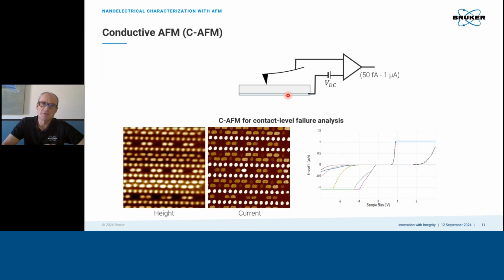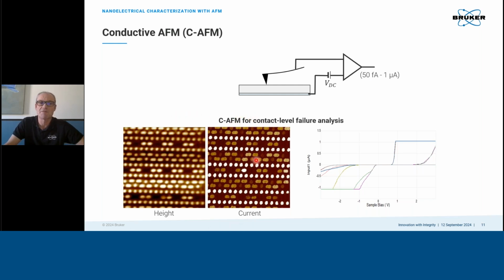And while doing that, we apply a DC voltage and measure the resulting current. Currents can often be very low, or can sometimes vary over a large range. Depending on what we expect in terms of current, we'll be using a specific current amplifier, often going to extremely low currents. And as Khaled pointed out, in most of these modes there's an imaging element.